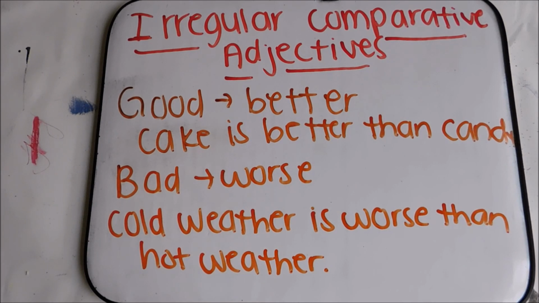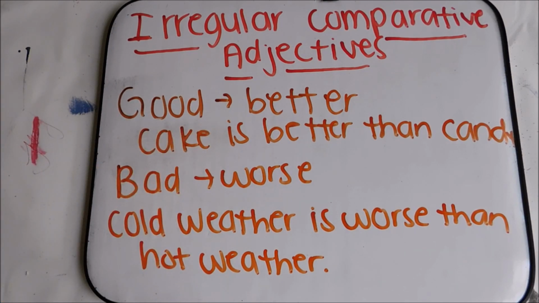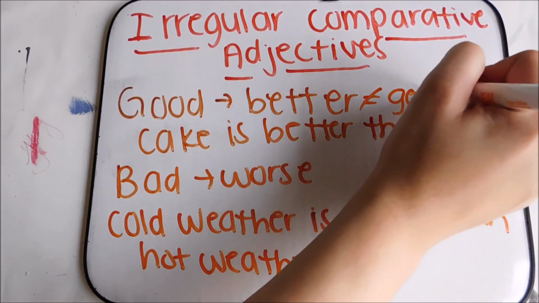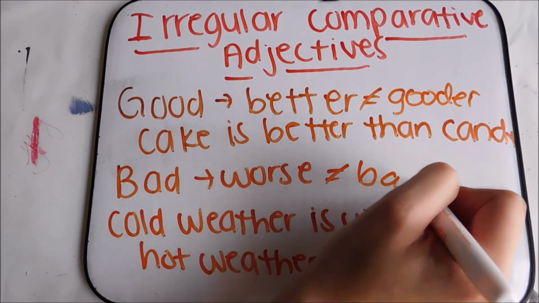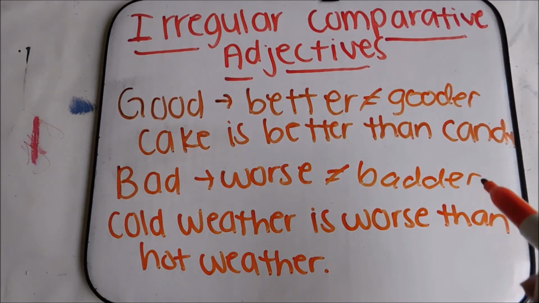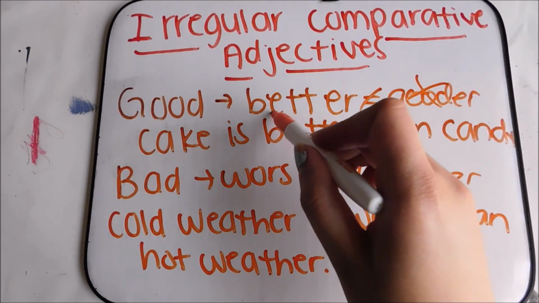Cold weather is worse than hot weather. It's important that you don't write gooder or badder because those are both incorrect. You have to remember this form.